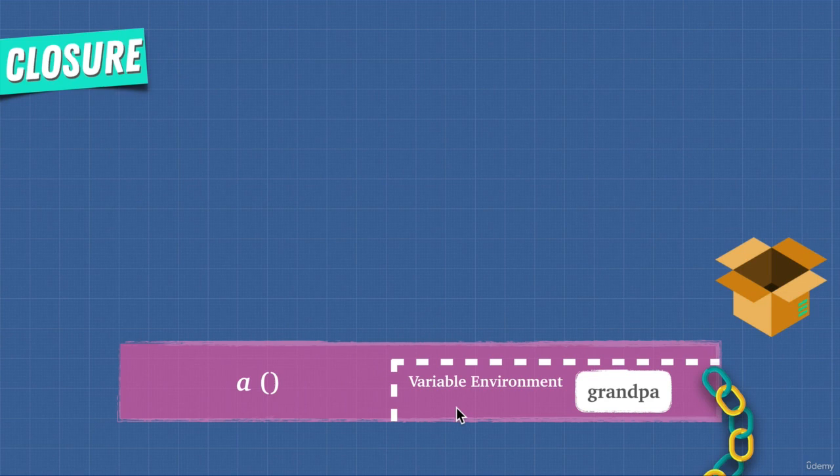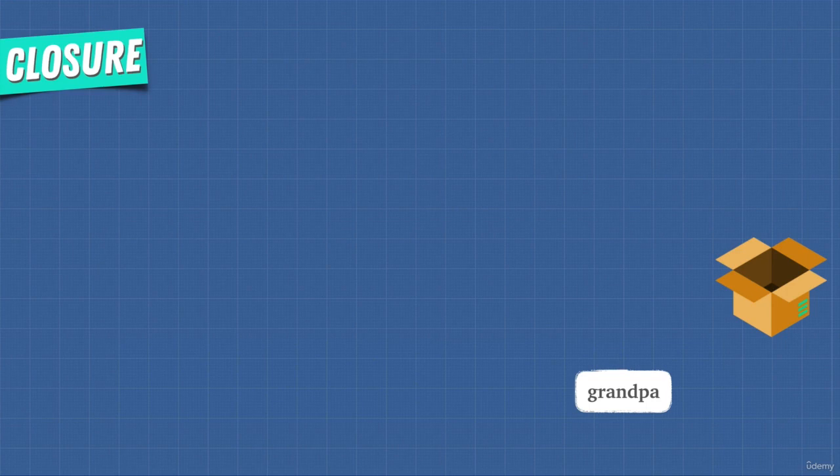Once we call function A, what's going to happen to grandpa? We have the chain here, remember, that gives us a link to the global scope. That means if there were any variables in the global scope or global execution environment, then we might have access to them. But for now, once this gets removed off the stack, it's gone. But grandpa still remains.